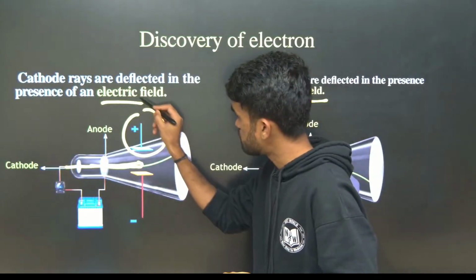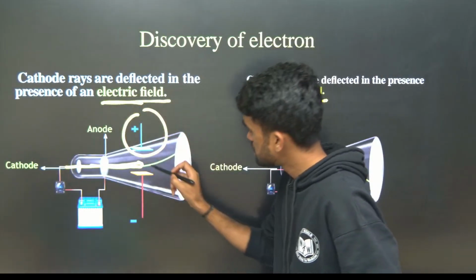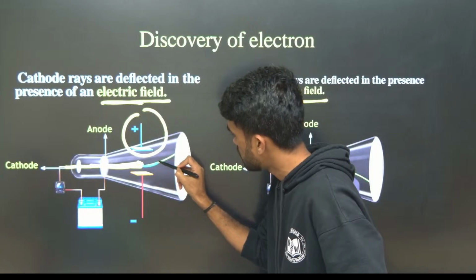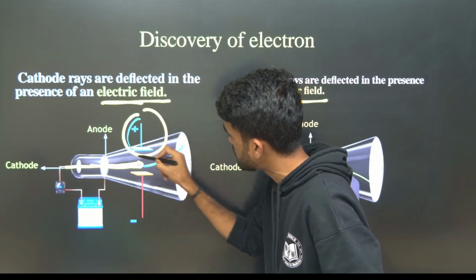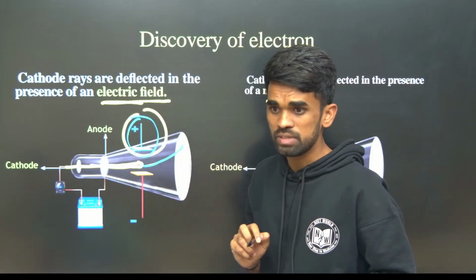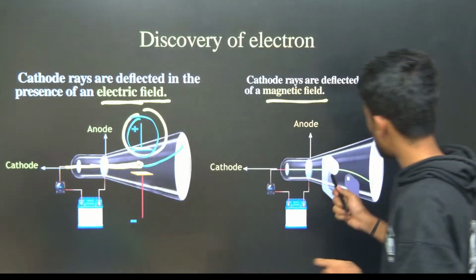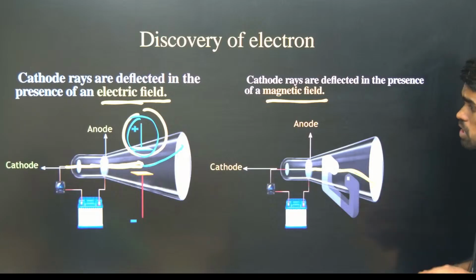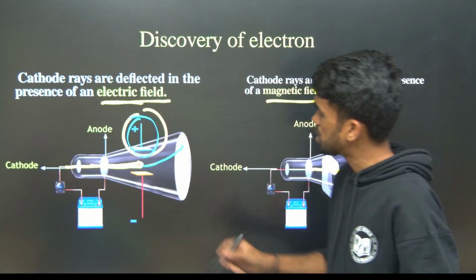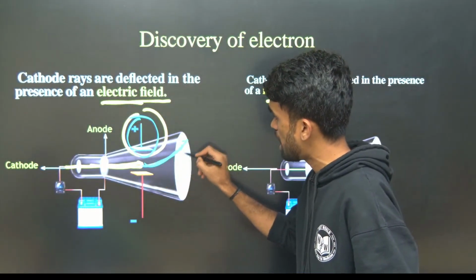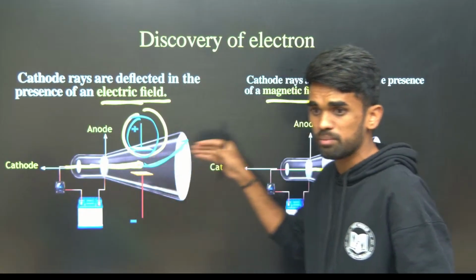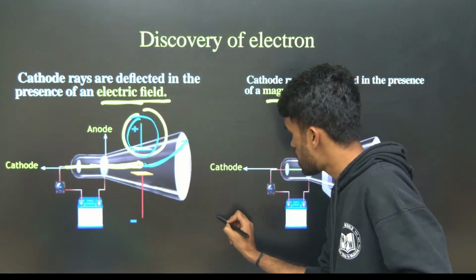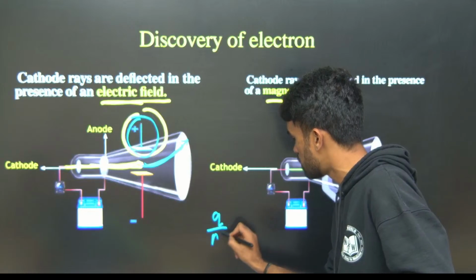See, when he applied the electric field, this electron beam is deflecting towards which side? The positive terminal of this electric field. Similarly, in the magnetic field also he observed deflection like this. Now by careful measurement and careful balancing of this deflection in the electric field and magnetic field, he found the charge to mass ratio of the electron. What is that?